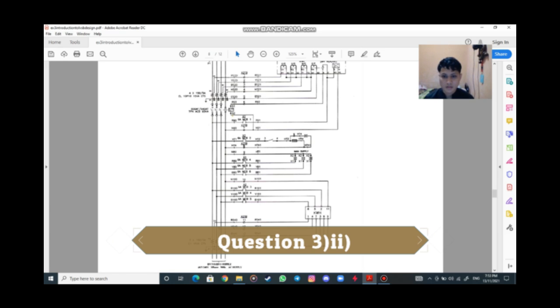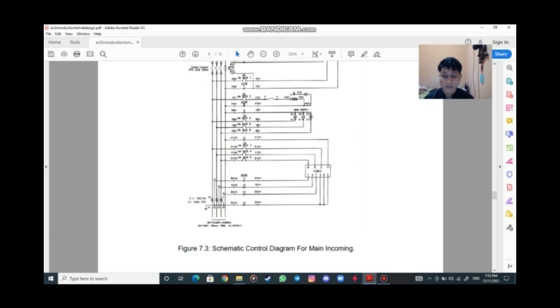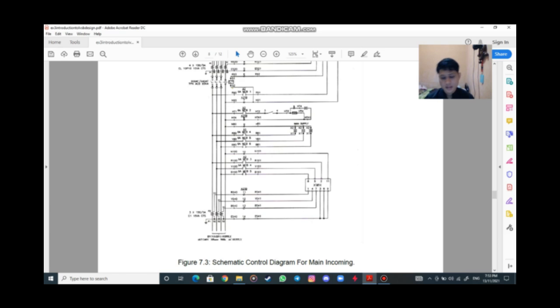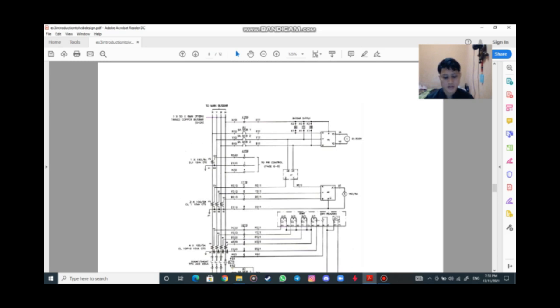Right now I will explain the figure 7.3, the schematic for controlling the main incoming. First, we need to know where to start reading this schematic diagram. We look for the incoming. We start with the incoming TNB, which is from below, and at the top is the main bus bar.